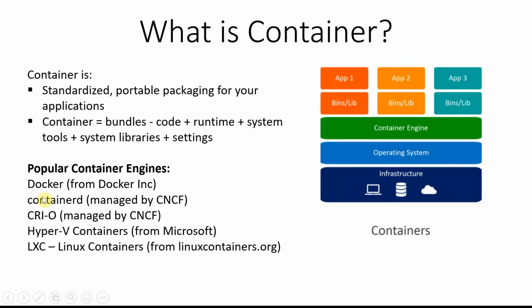Even Kubernetes embraced Docker, but slowly even Kubernetes is moving towards OCI compliant container engines. When I say OCI compliant, there is this open standard format agreed for all container engines, and all of them should follow that specification. In that way, Docker is not compliant to that specification. But still, Docker is definitely the popular container engine in the market, and Containerd and CRI-O are upcoming ones getting popular.